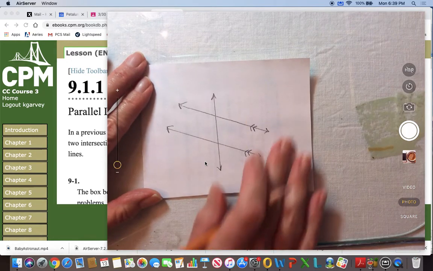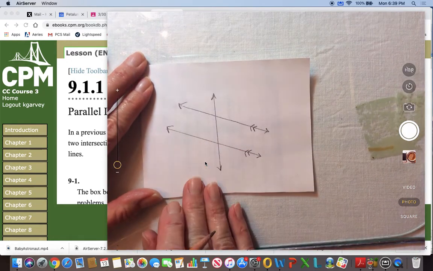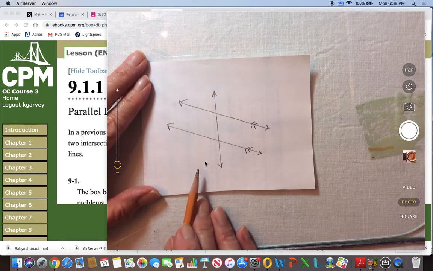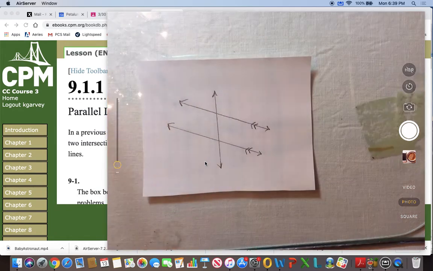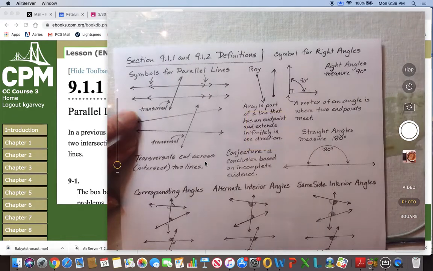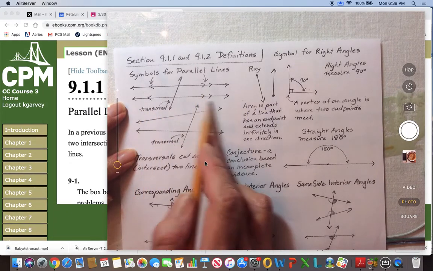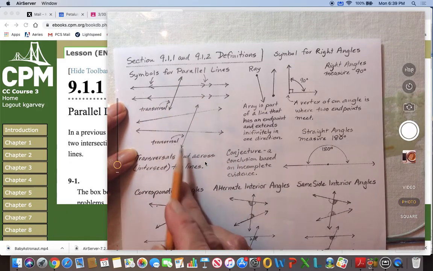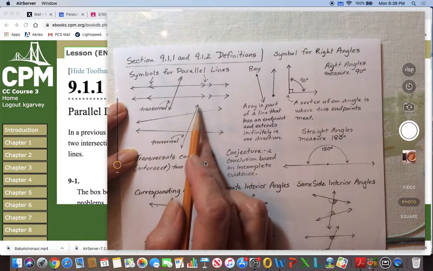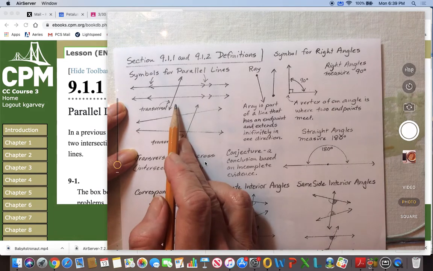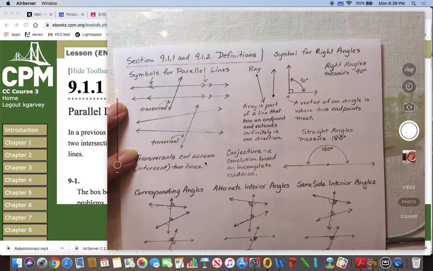So this setup is a very interesting kind of system. And you can see here that we have a diagram of parallel lines being cut by a transversal. Other kinds of lines can also be cut by a transversal, but it's only these parallel lines that have these special relationships.